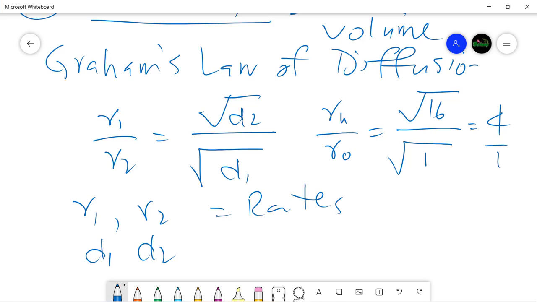Now, as you can see from this expression, the density of oxygen is 16 times that of hydrogen. Oxygen is 16 times heavier than hydrogen, so the diffusion rate of hydrogen will be 4 times faster as compared to the rate of oxygen.